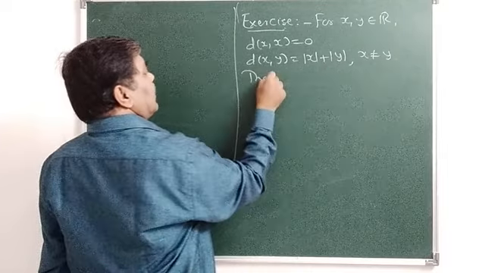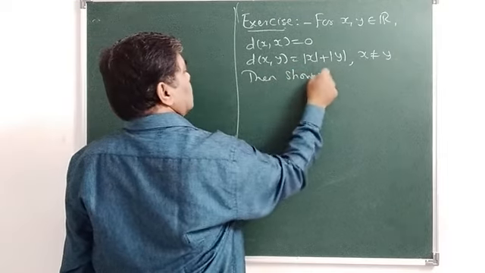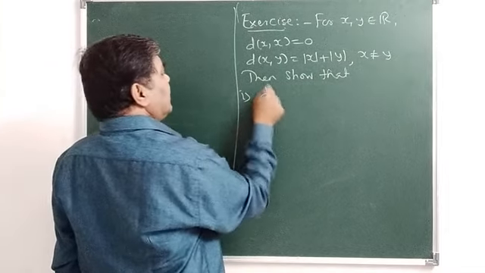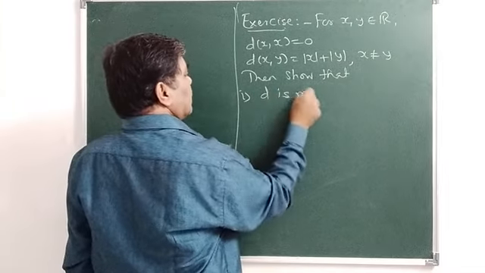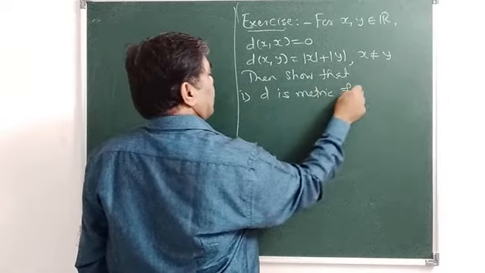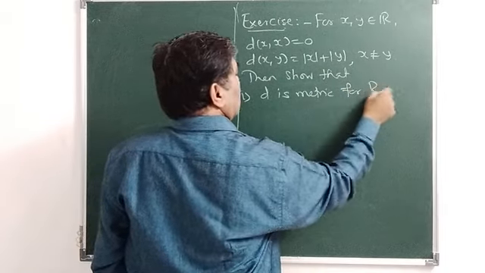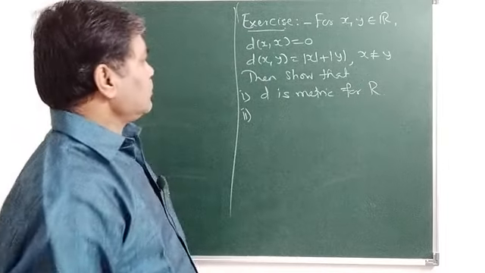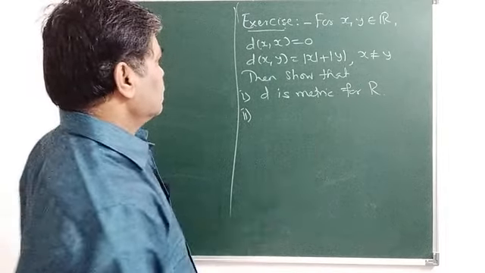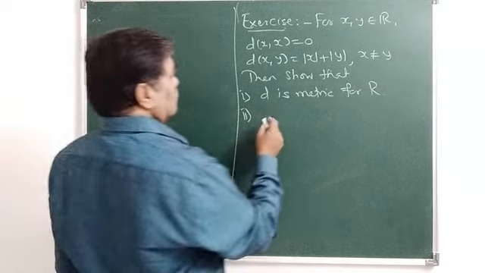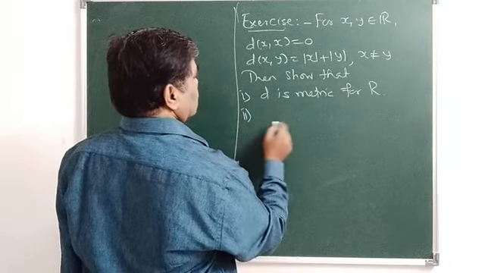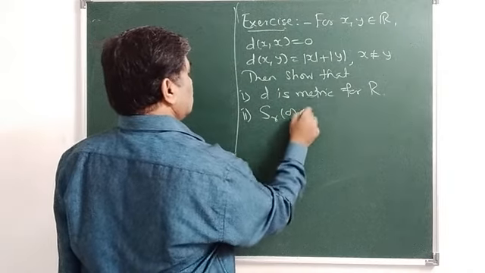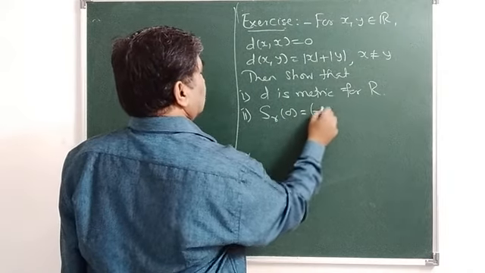Then show that: one, d is a metric for R. Second, S(r, 0) is equal to (minus r, r).